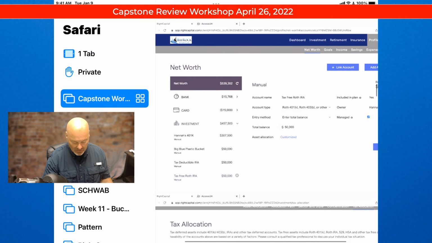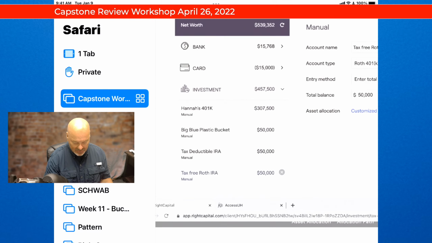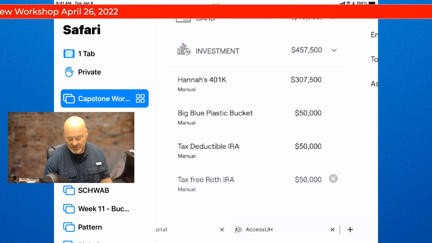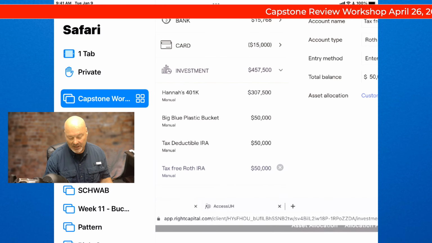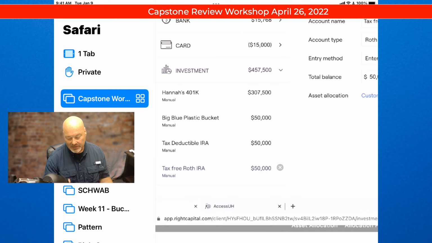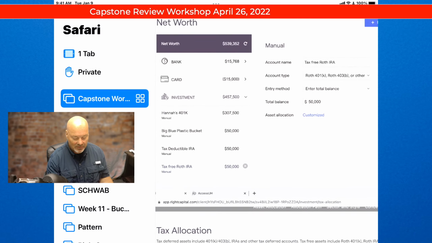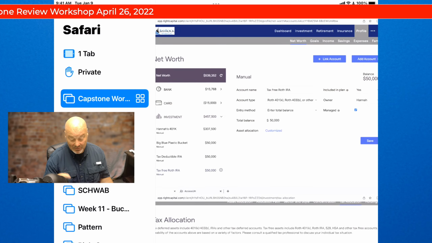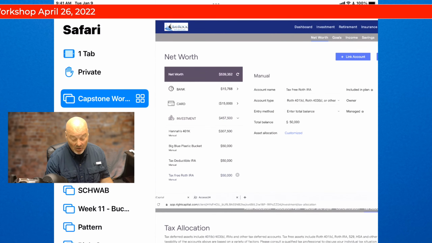You have 307,000 in your 401k, and then you went ahead and added a tax deductible IRA as well, plus a Roth IRA plus 50,000 in the tax bucket. So, if this is your actual plan, then I would delete the fake accounts and keep the real one. But otherwise, I would delete that 307,000.